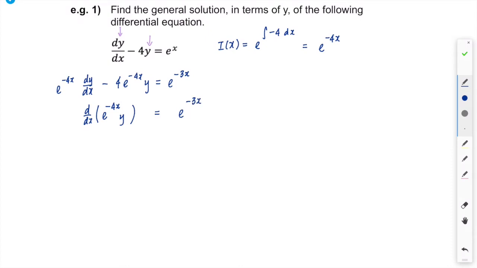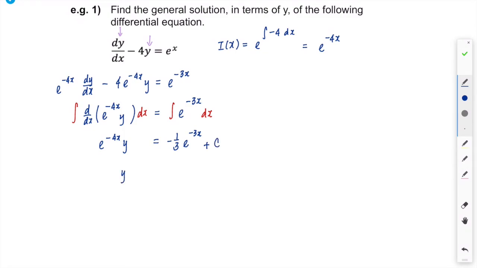I want y as a solution, which means that I should be taking the integral of both sides of the equation, which allows me to simplify the left side. The integral of a derivative is the function itself. And then on the right hand side, we have the integral of e to the power of -3x, which is -1/3 e to the power of -3x plus c.